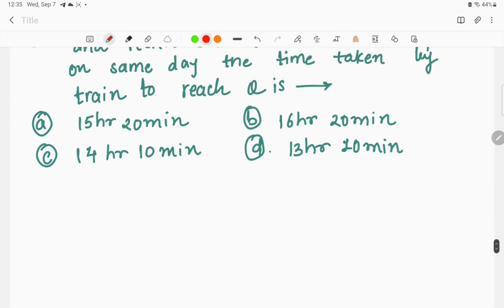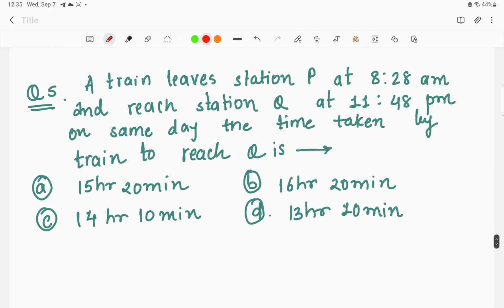Okay, now the next question is calculation of the time, that is the time required. Here we add the time, else we subtract the time. For this very question, I would like to tell you one small trick.